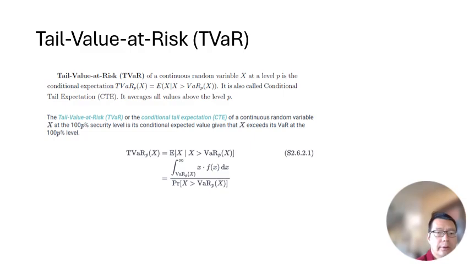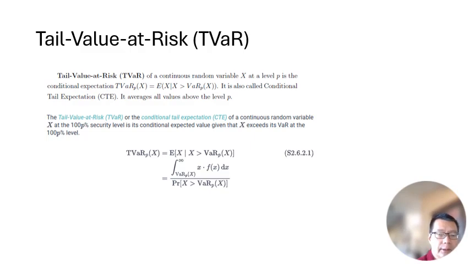It's also called conditional tail expectation, CTE. It's the average of all values above the level p. The second part of this slide is the same as the first part, just another way to describe it.